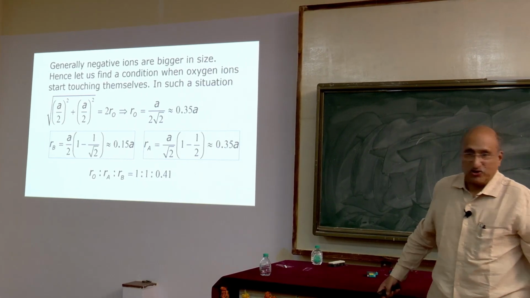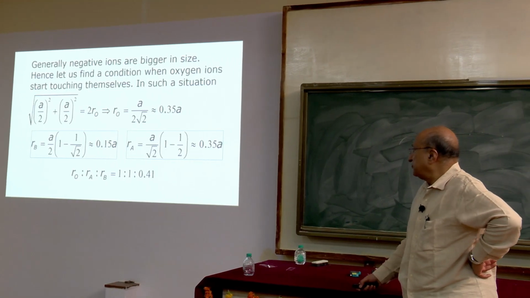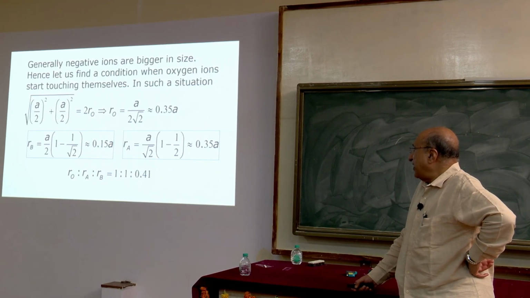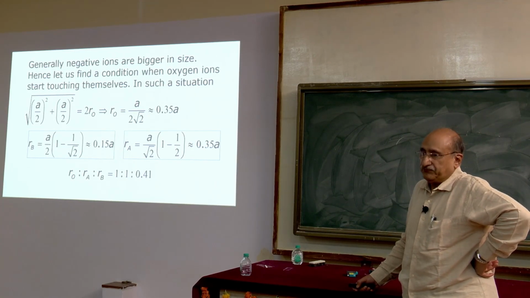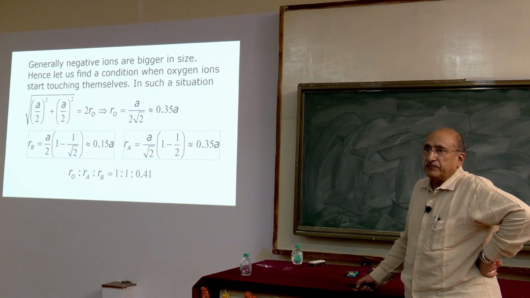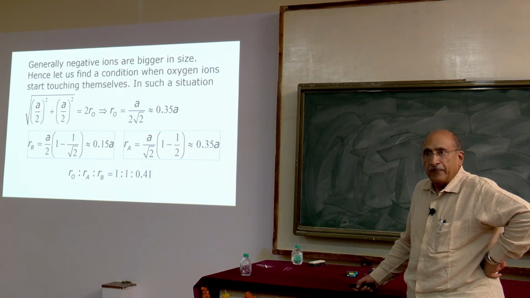Expression in terms of lattice constant. And you just solve these equations, you get the ratio. Ro to Ra to Rb should be 1:1:0.41. If these are the ratio, then you will be able to form the most stable perovskite structure. Agreed?